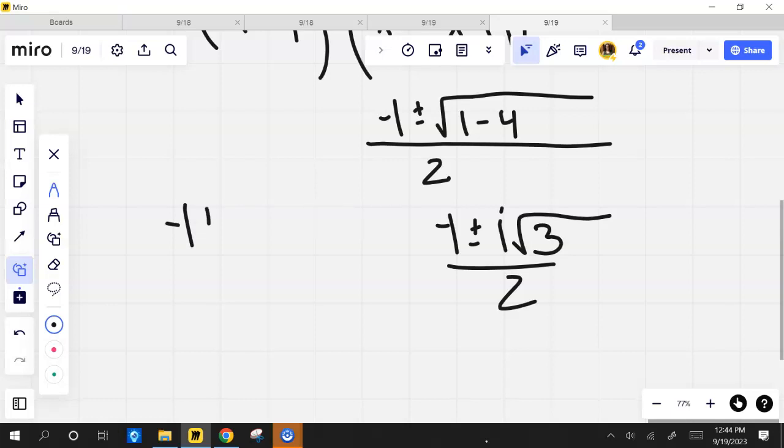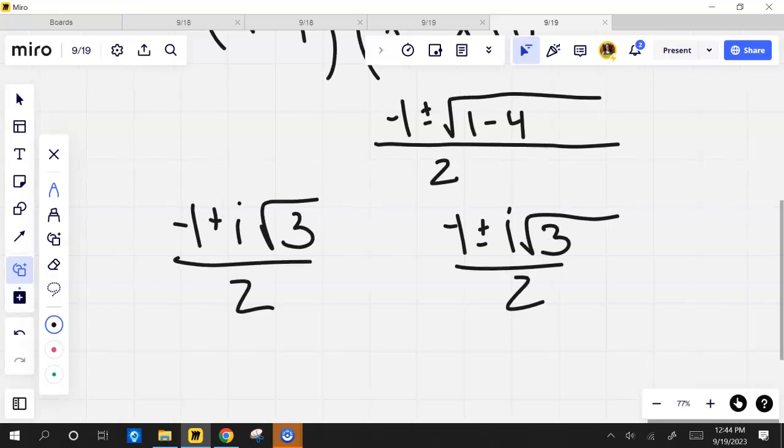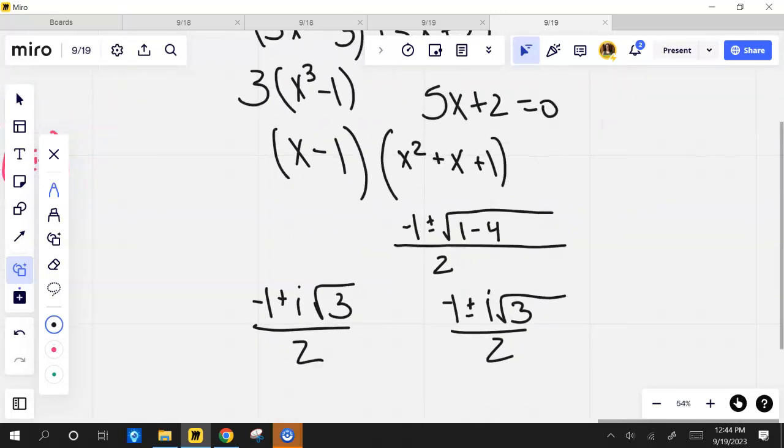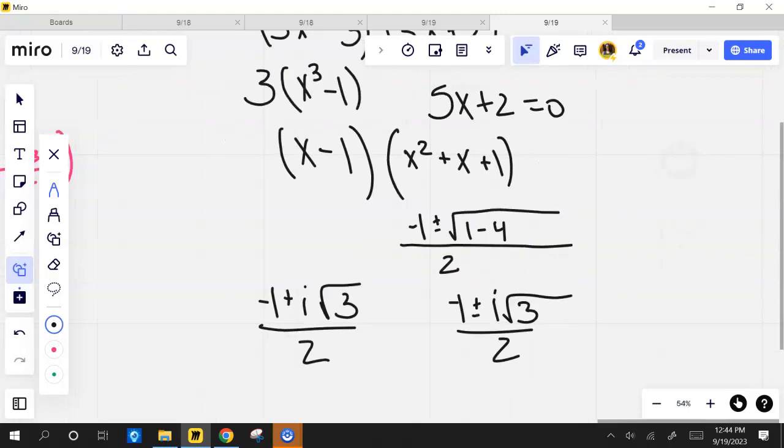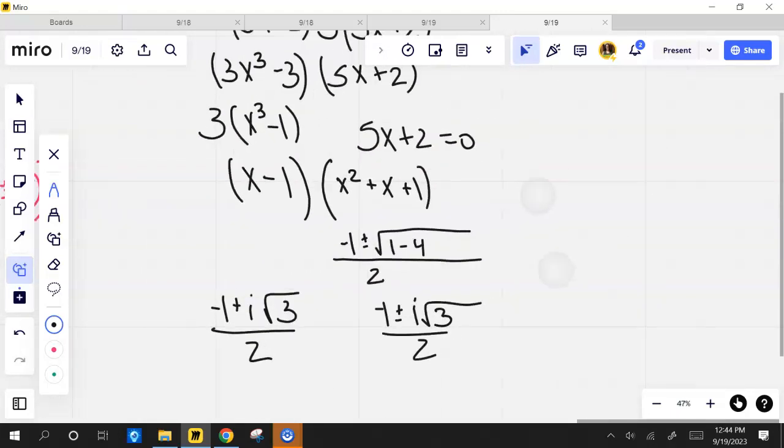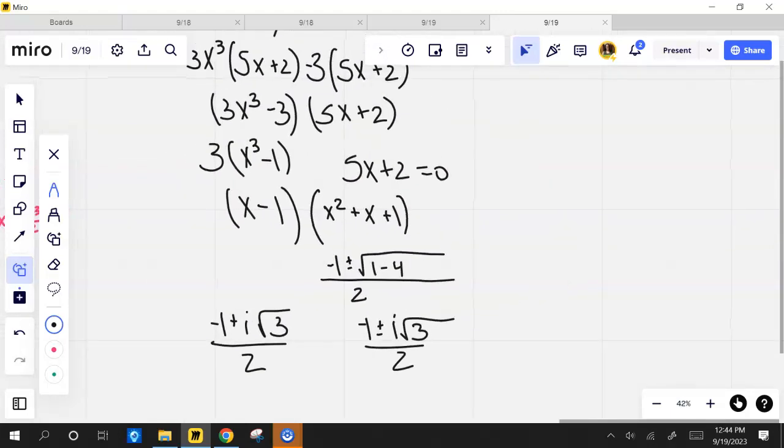I got you. -1 plus. Wait, what? I know what I'm doing, Miss McGee. Oh yeah. Hold up. I forgot to do this thing. So we're going to take this over here. I'm going to go 5. You don't know how slow I do my homework.